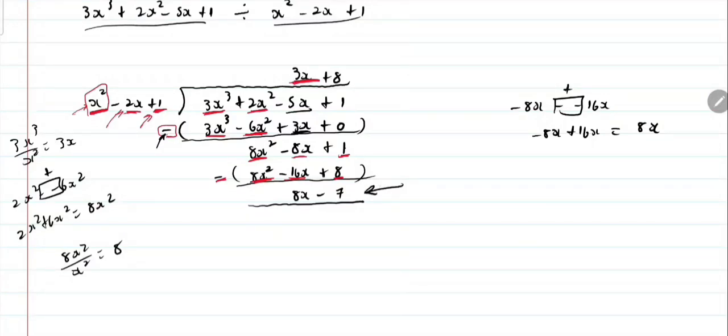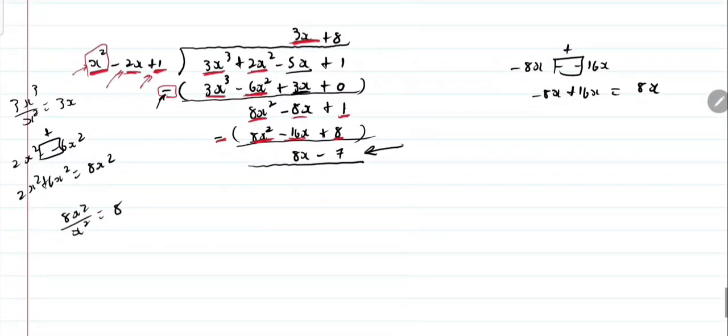Now notice that my remainder right here is a function of x. And you're probably wondering, why don't I continue and divide 8x by x squared? Well, that is because we stop when the degree of the remainder is less than the degree of the divisor. Now what do we mean by degree?